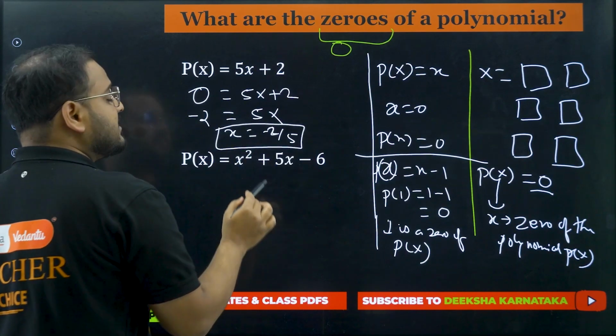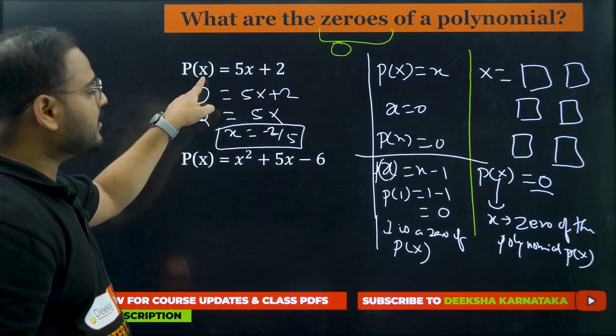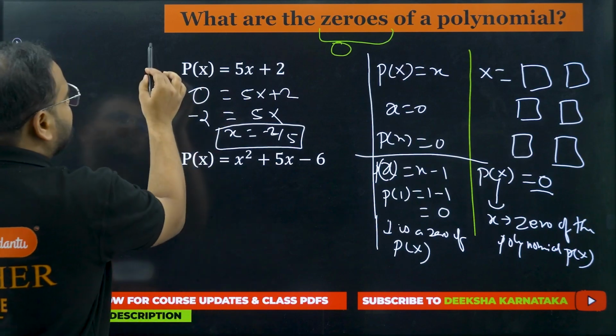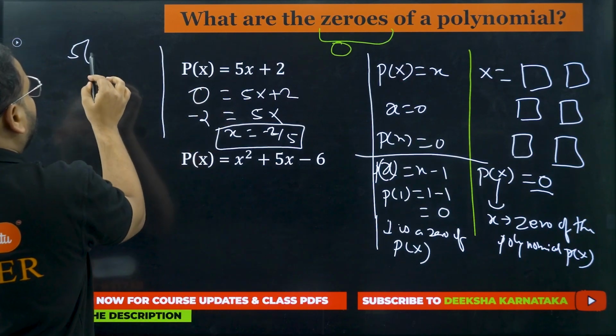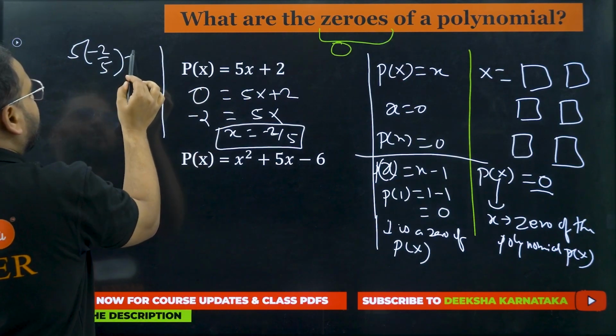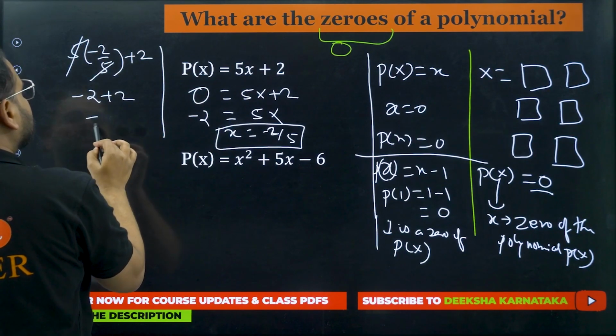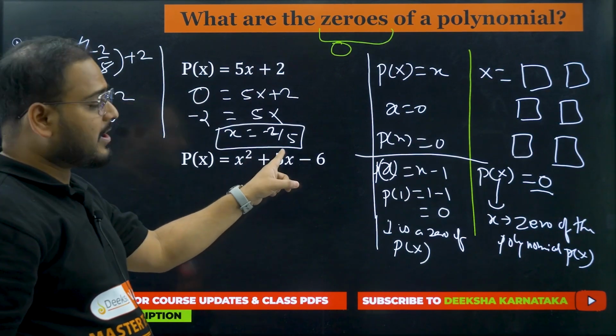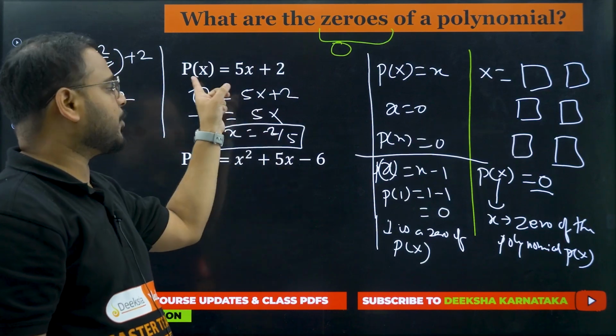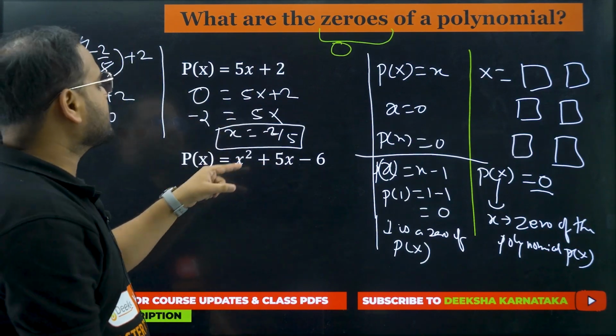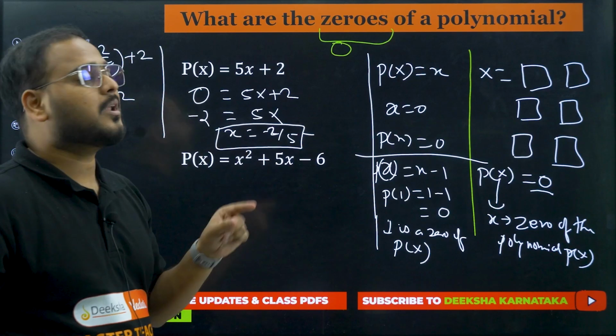So minus 2 upon 5 is that value which will make this polynomial equal to 0. You want to check? Please have a look. 5 times minus 2 by 5 plus 2. 5 and 5 cancel. Minus 2 plus 2 is simply 0. Means minus 2 by 5 is that value of x which will make this polynomial 0. Hence, this is called the zero of the polynomial p(x).